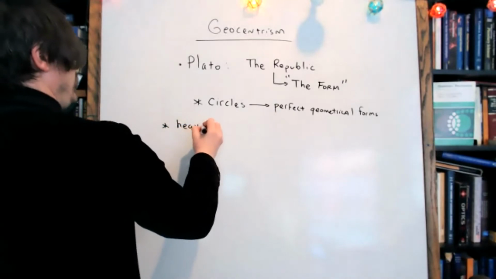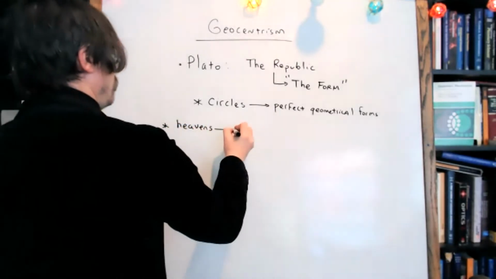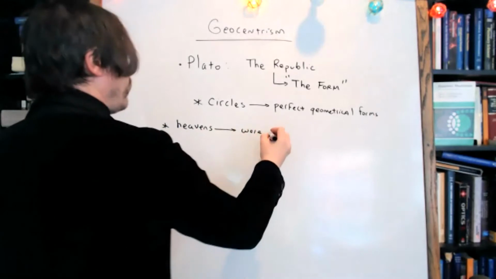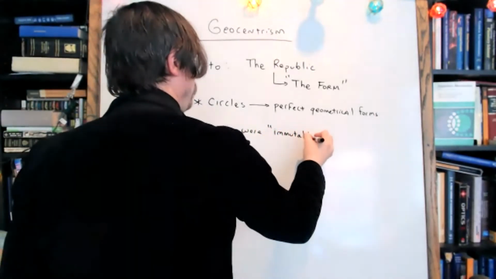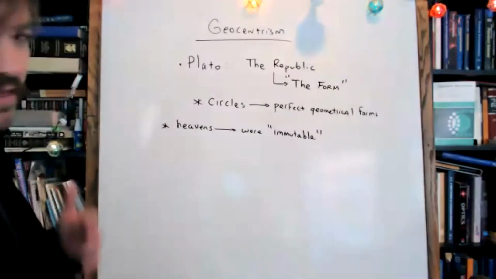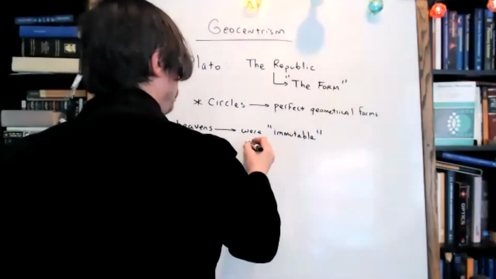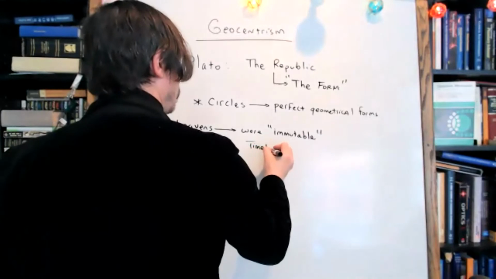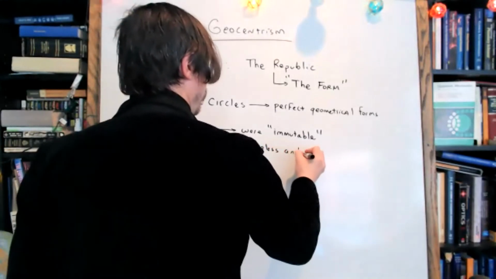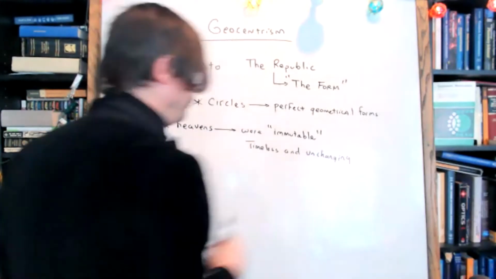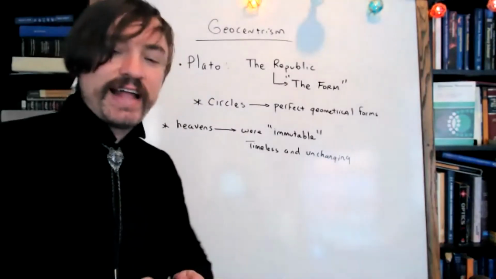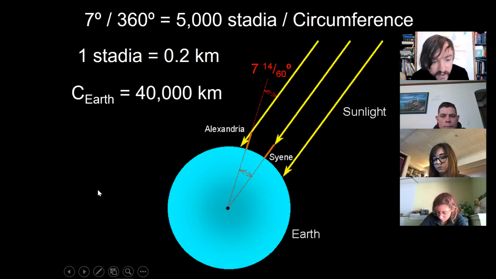The heavens, he argued, were, here's a fancy word, immutable. The heavens were immutable because they were timeless and unchanging. And of course, that's not actually true, but Plato thought it was true for sort of simplistic reasons.